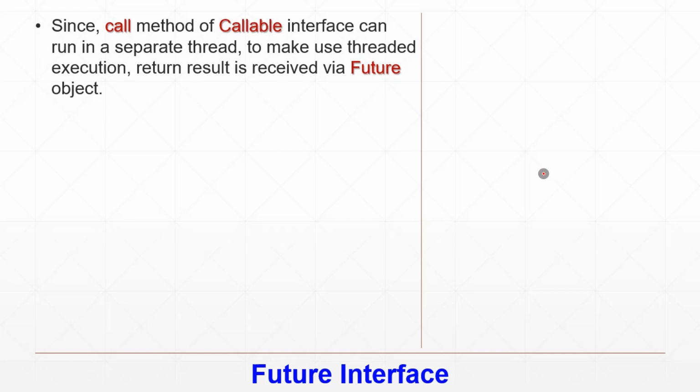Since the call method of the callable interface can run in a separate thread, to make use of threaded execution, the return result is received via something called a future object.